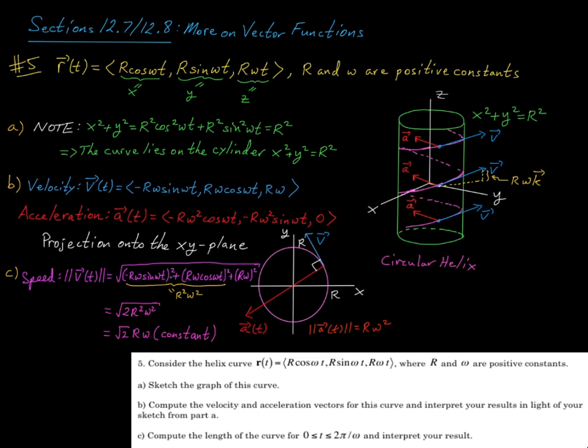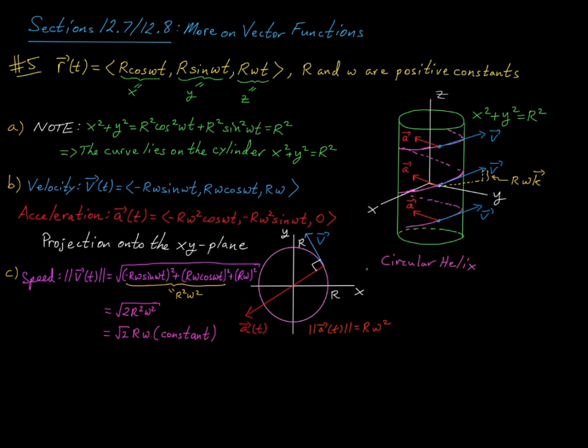From the Pythagorean identity, that comes out to just be r squared omega squared, and see here I'm adding on from the k component of the velocity vector the square of r omega, so in fact we have 2 r squared omega squared, which simplifies to the square root of 2 times just r omega. Okay, so note here, since r and omega are positive constants, that our speed, in fact, as we move along this circular helix curve, is constant.